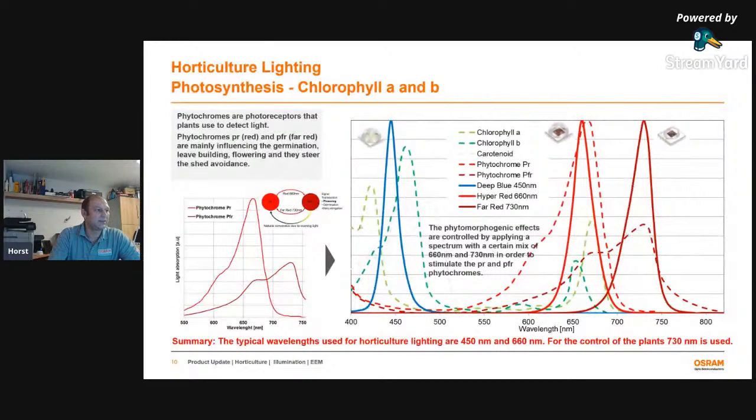And this good night kiss is maybe this far red, where you accelerate the reconversion of phytochrome far red to phytochrome red. And here you see how many mechanisms, it's just a couple of them, you can have to influence the living and the behavior and the growth of the plants.